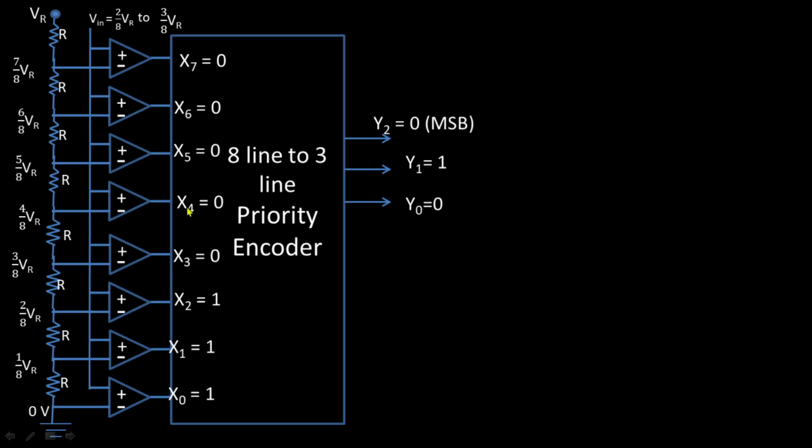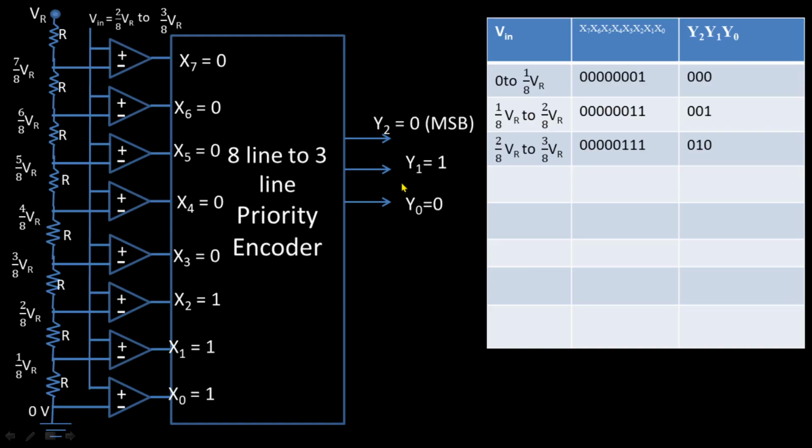So these outputs are zeros. The outputs of the op amps are inputs of the 8 line to 3 line priority encoder. So the output of the priority encoder is 0 1 0.